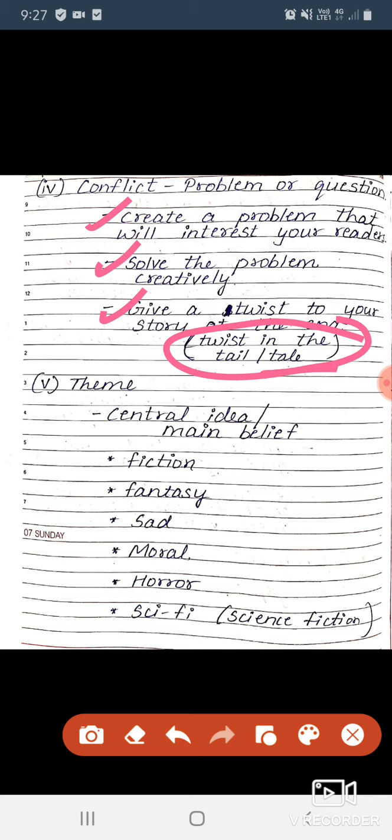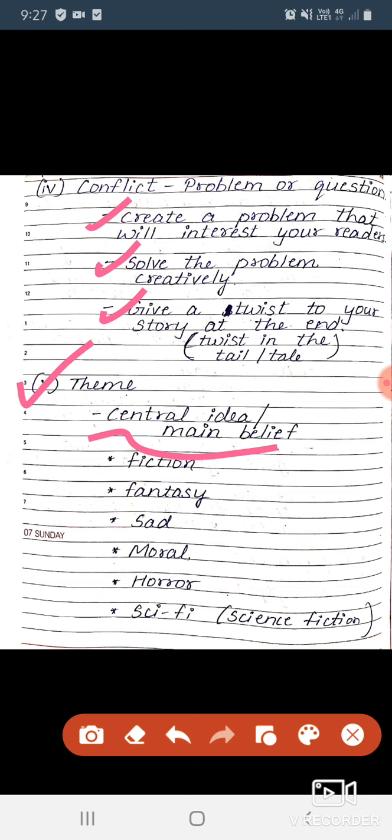Now there was a very famous short story writer who was called O. Henry. He was very famous and he still is very famous because of his short stories. Whenever he used to write short stories, he used to give the tale of the story a very different twist. That's why such kind of stories are known as twist in the tale of the story.